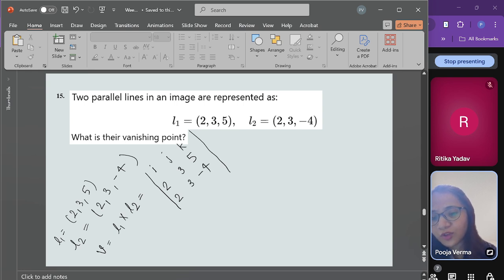Then you will get the vanishing point. I have just written that matrix, you just have to multiply it.